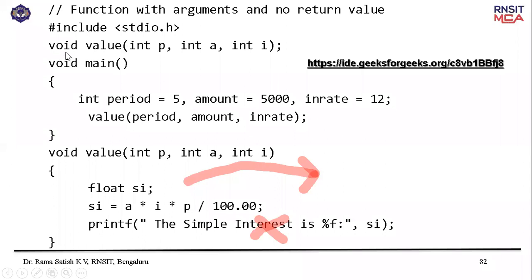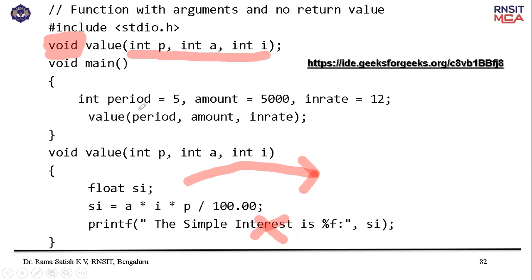Look here. Observe the definition of the function. When you observe the definition of the function, void is there. What is the meaning of void? No value is returning back. But you are passing arguments. P you are passing, A you are passing, I you are passing, but no value is returning back.